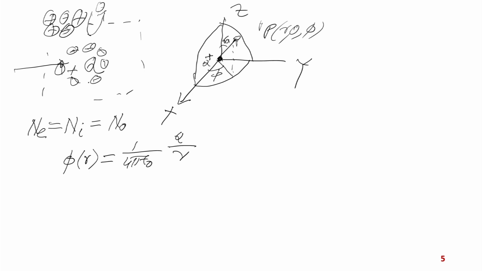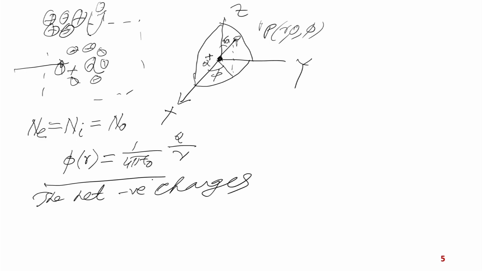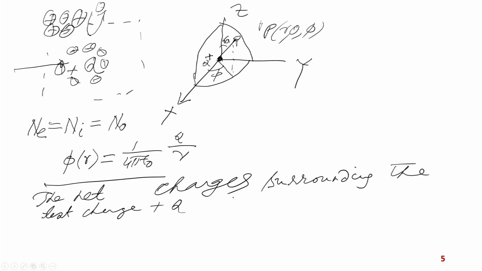So, the net charges surrounding the test charge plus q, I can write as equal to q times n e minus n i, and as I said, I can write this as q times n e minus n 0.